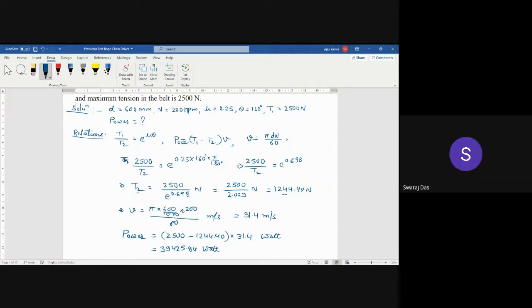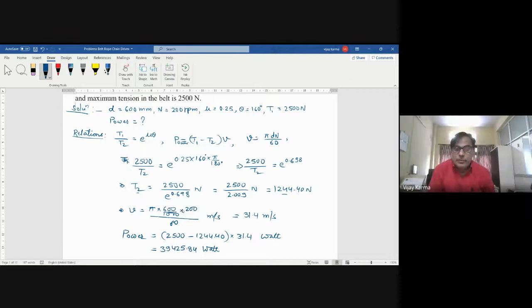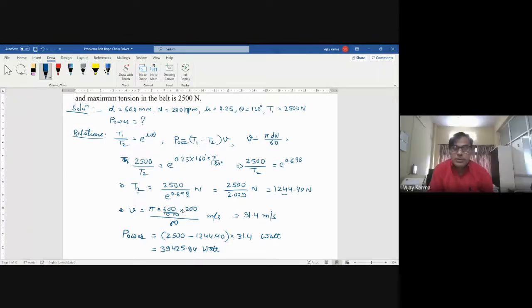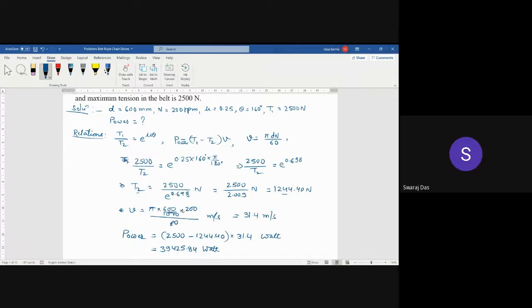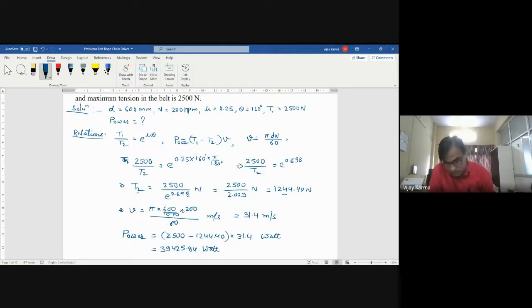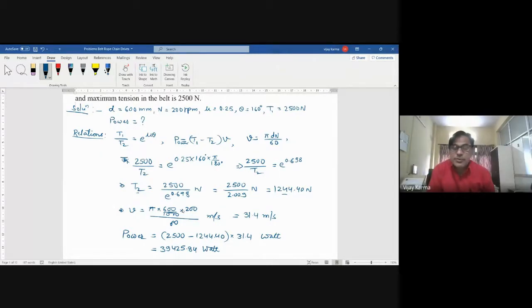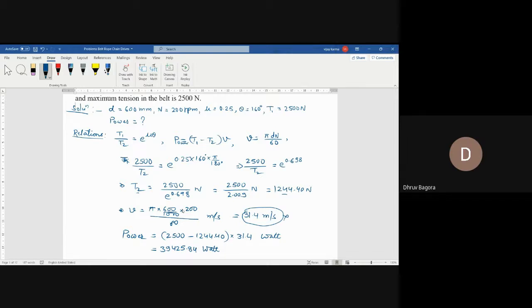Sir, the velocity is coming something else. Yes sir, 2 pi will be the value of the velocity. That's why I said to cross check. I think 6.283. Yes sir, it is 6.283. So that's why I said always cross check the values.